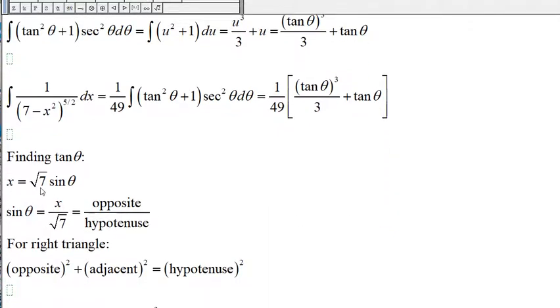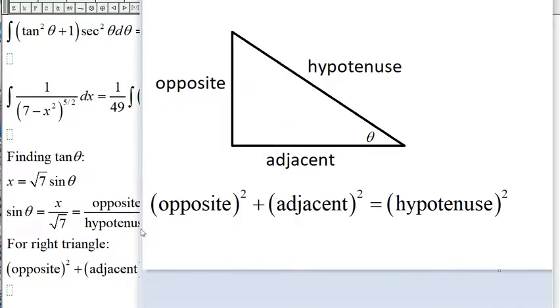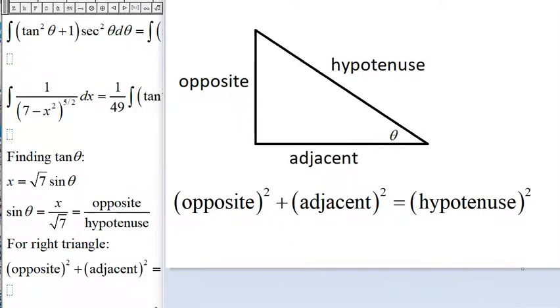Earlier we have x is equal to the square root of 7 times sine of theta. Dividing both sides by the square root of 7, we get sine of theta is x over the square root of 7. Sine of theta, by definition, is opposite over hypotenuse. This is the angle theta, this is the opposite side, this is the adjacent side, this is the hypotenuse.